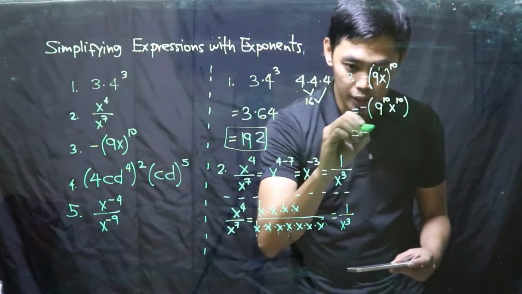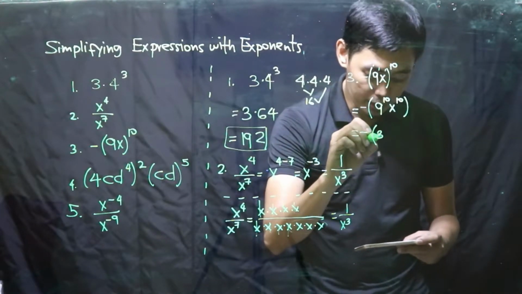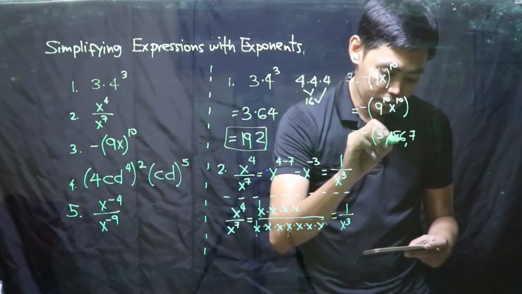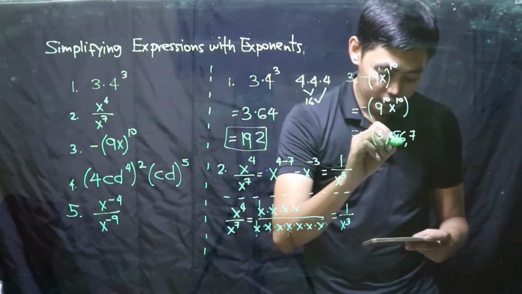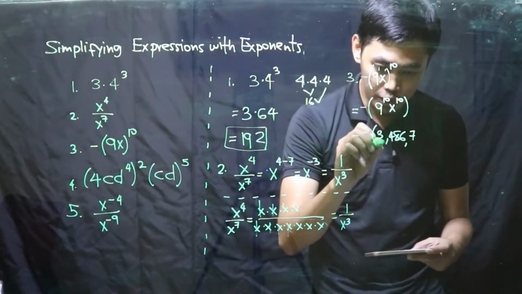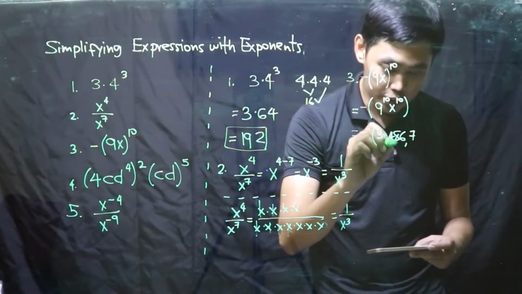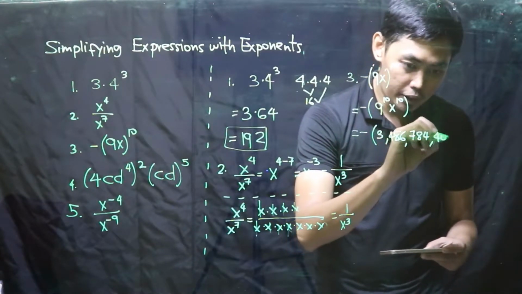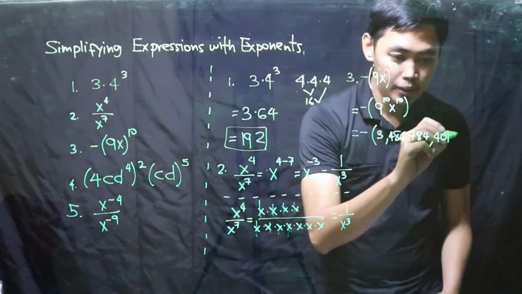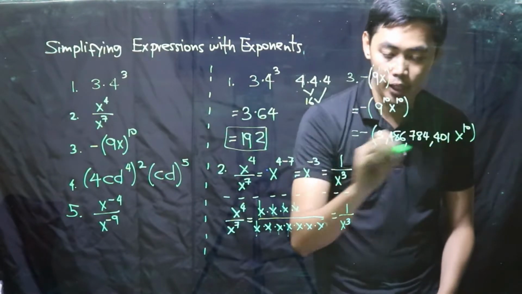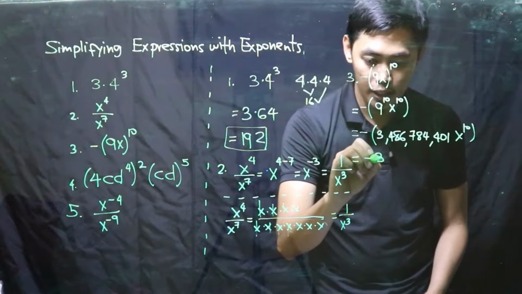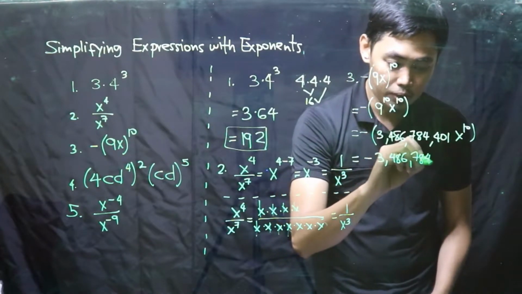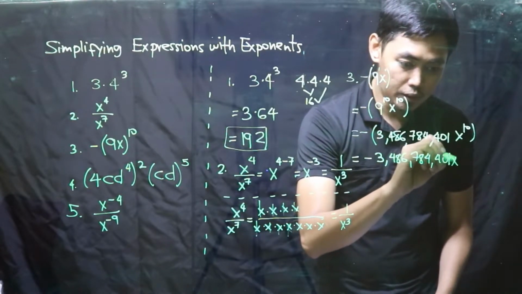This will be negative 3,486,784,401 x to the power of 10.